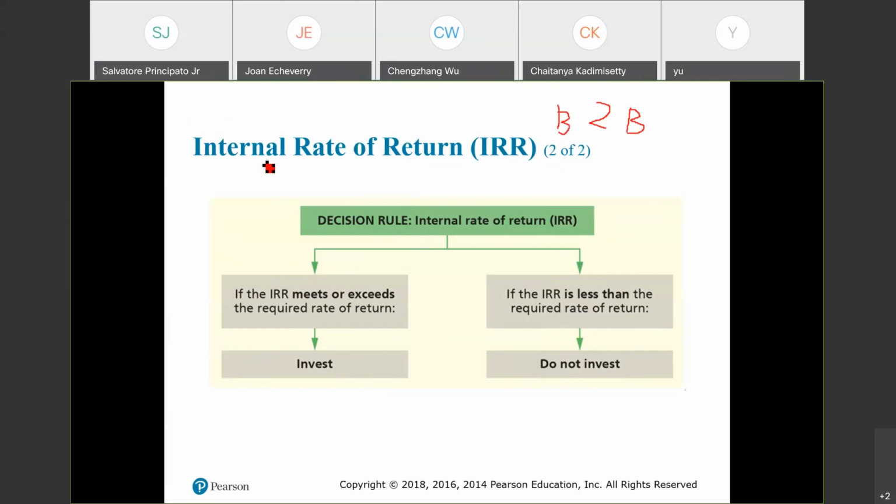So the result of this calculation is exactly 4. And in that project, the number of periods is 6.